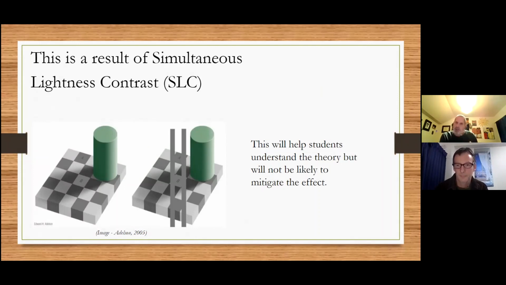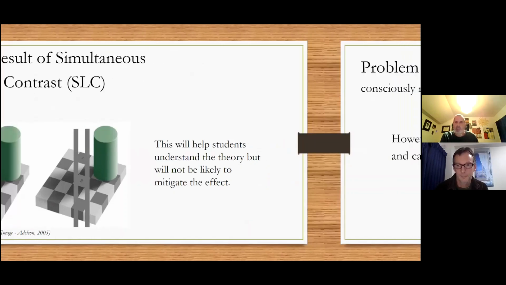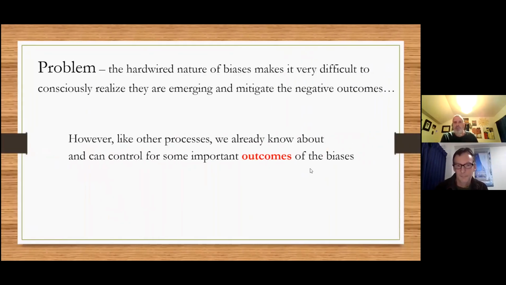The amount of effort, time and attention needed to slowly think through all these decisions would be extremely tiresome. So again, re-emphasizing what Guy said, the hardwired nature of biases makes it really hard for us to mitigate the negative outcomes.